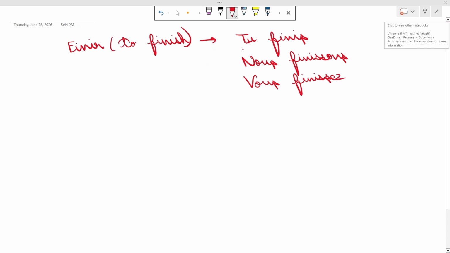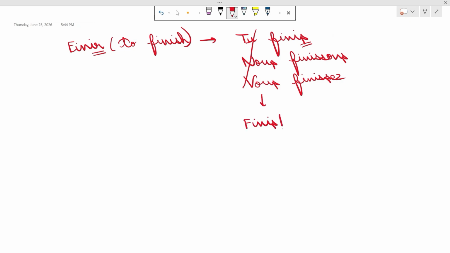The third step was that we remove s from the tu form if the verb is er ending. Here the verb is ir ending, so we will not remove this s from the tu form. The second removal was that we remove the subject pronouns. So here we simply move on to the fourth and the fifth step.